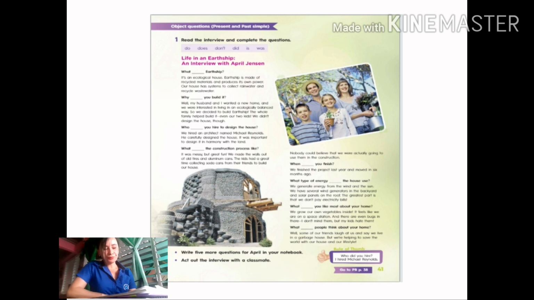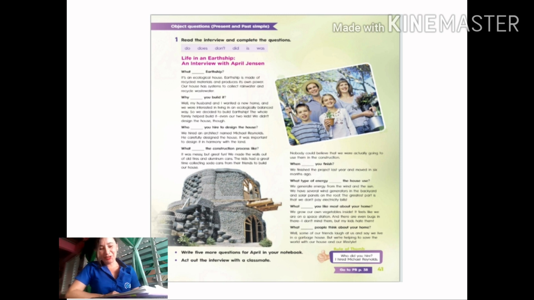Now, number 4. It was messy, but great fun. We made the walls out of old tires and aluminum cans. The kids had a great time collecting soda cans from their friends to build our house. The correct one is was. Next, nobody could believe that we were actually going to use them in the construction.